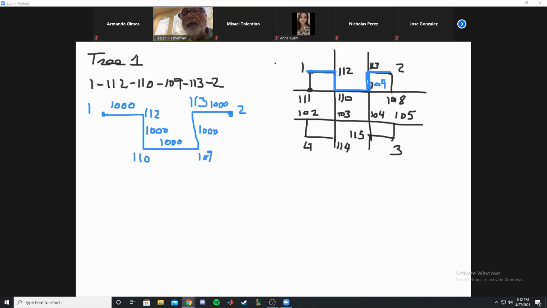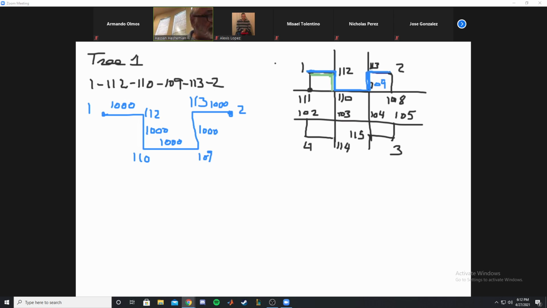Now from home node number 1, you want to go to 3. Again, they gave it to you. From 1, you go to 112. So this is 112. Then it said go to 110, so you come down to 110.